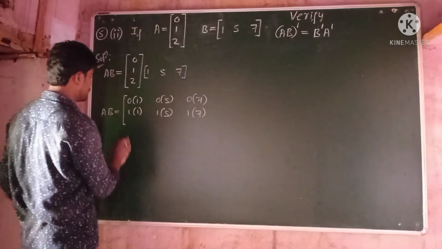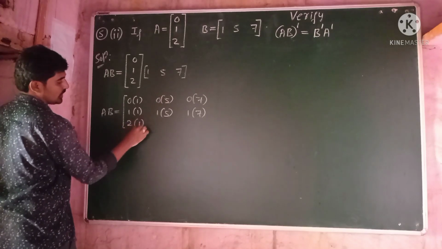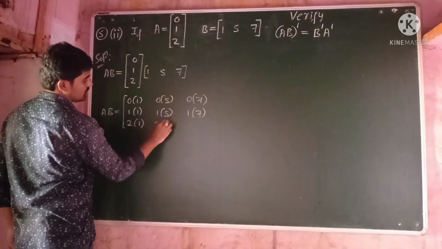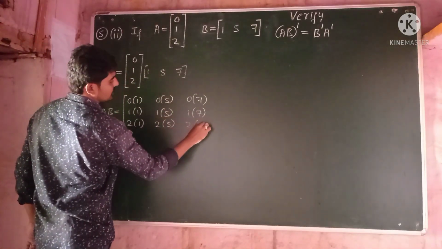Now we go for the third row. Third row first column 2 into 1, third row second column 2 into 5, third row third column 2 into 7.